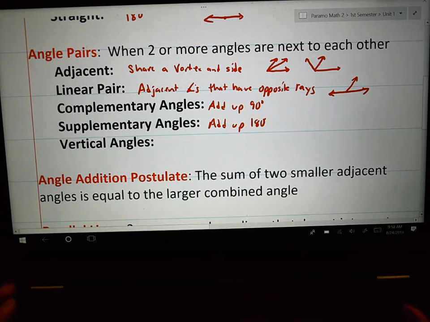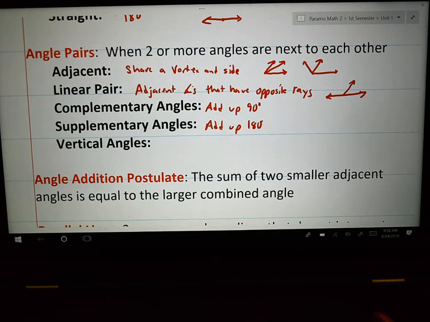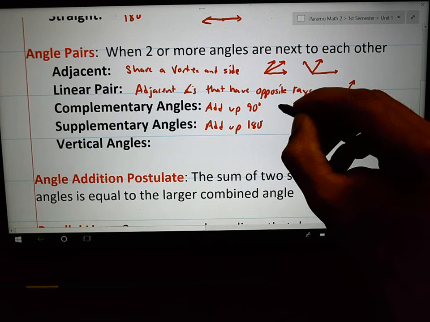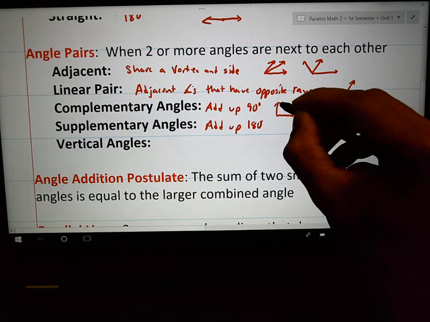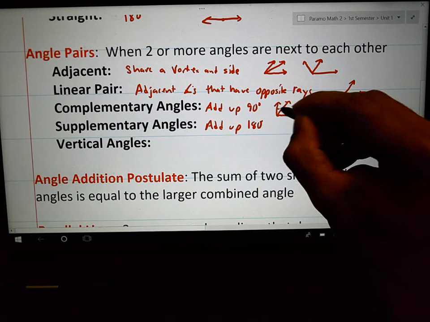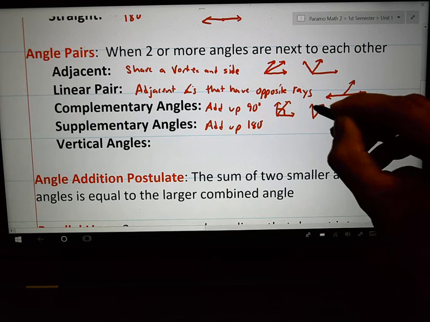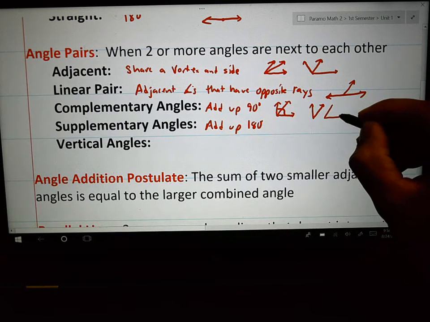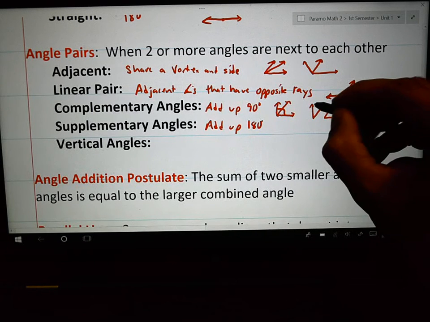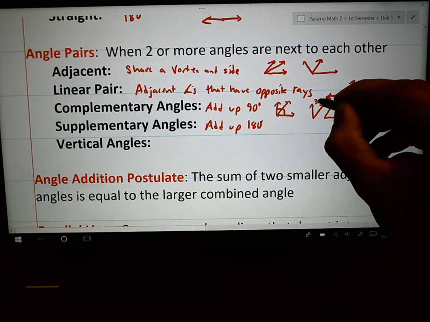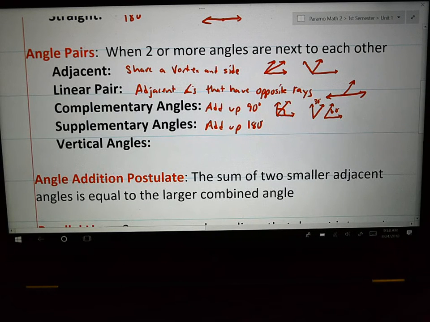So complementary angles add up to 90. They can be adjacent, but they don't have to be. So sometimes you'll see complementary angles looking like this when they're adjacent. Sometimes they will be separated, but they're still complementary, and they might have something like 30 degrees and 60 degrees, so that you know they add up to 90.